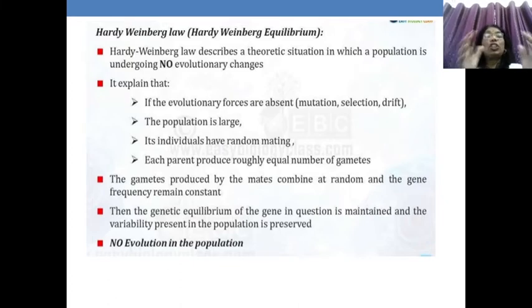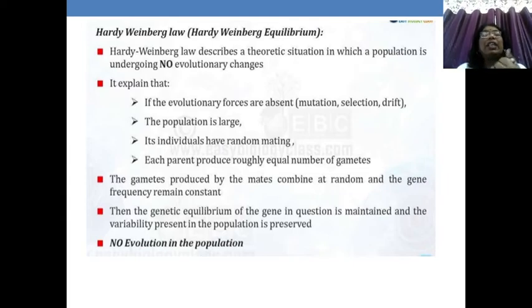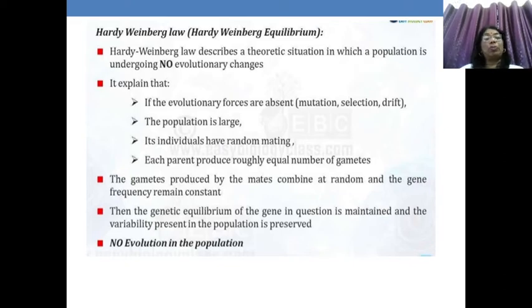When such a situation is present in that population, it is definitely found that the gene and allele frequency of that population remain constant generation after generation. There is no change in that genetic equilibrium, and the gene in question is maintained, and there is variability present in that population.